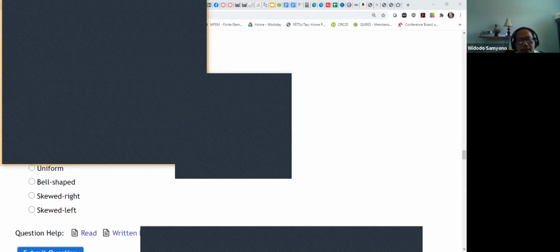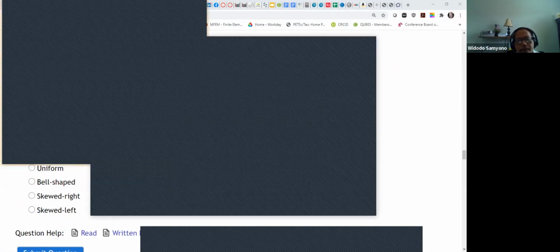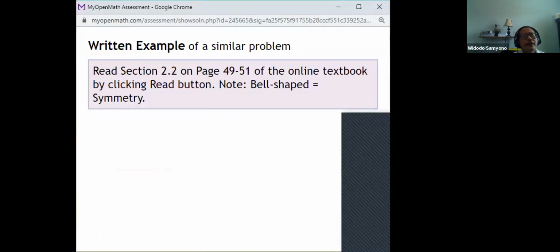If you click written example, it will give you this window. Okay, let me share the window with you. So it will give you this window. You need to read section 2.2, page 45. Sorry, page 49 and 51.